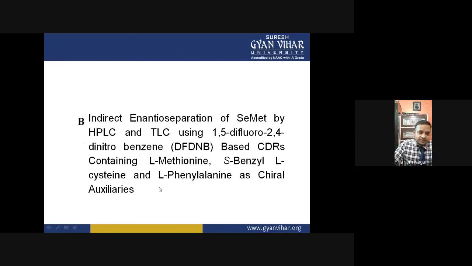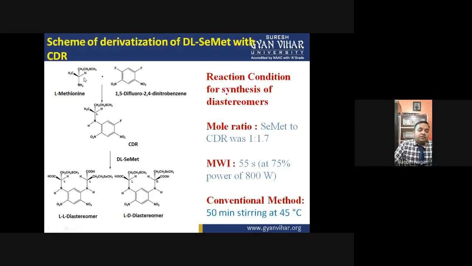chiral derivatizing reagents. So this is L-methionine. This contains CH2, CH2, CH3 as side chain. Whenever this L-methionine reacts with 1,5-difluoro-2,4-dinitrobenzene, it produces chiral derivatizing reagents.